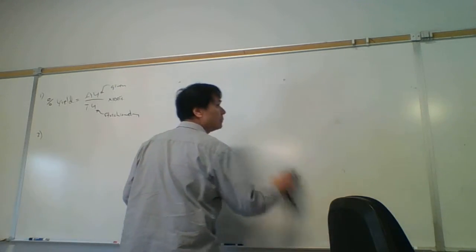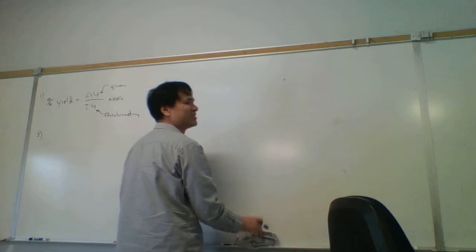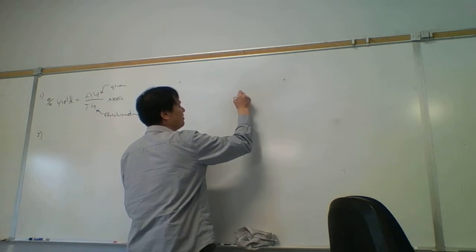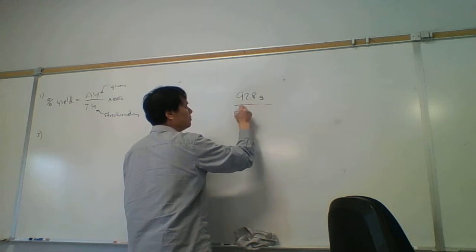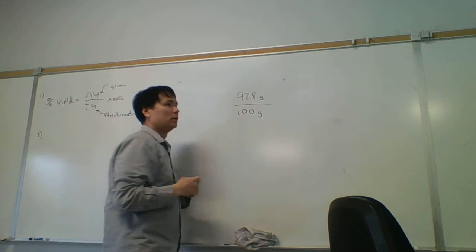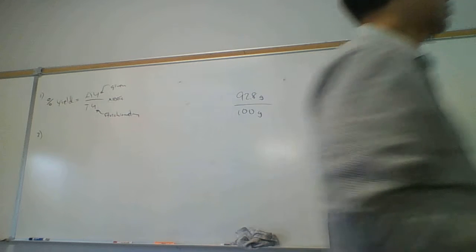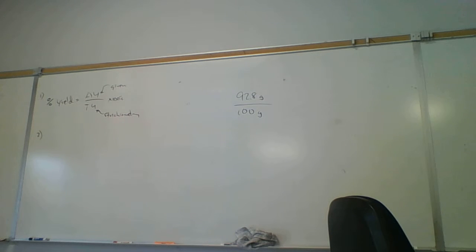Let's take a look at this particular problem. What the 92.8% is, is this: we're going to have 92.8, and this is by mass, so 92.8 grams over 100 grams. Then we ask, 92.8 grams of what? It's going to be a product. Well, what is the product of this reaction? It's the product of interest.